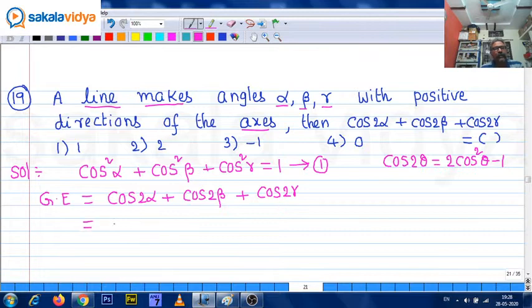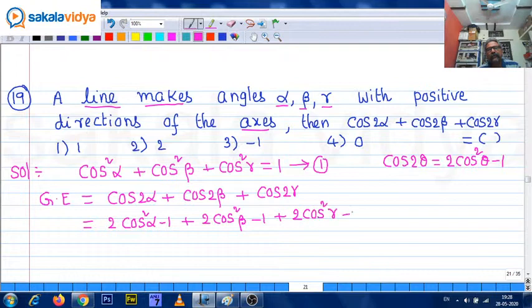So cos 2 alpha is equal to 2 cos square alpha minus 1, plus 2 cos square beta minus 1, plus 2 cos square gamma minus 1. From 2 cos square alpha, 2 cos square beta, 2 cos square gamma, take 2 common out.